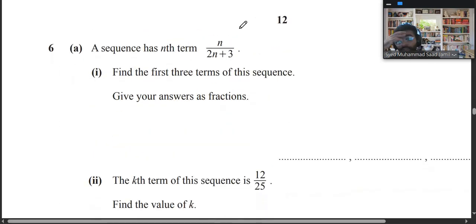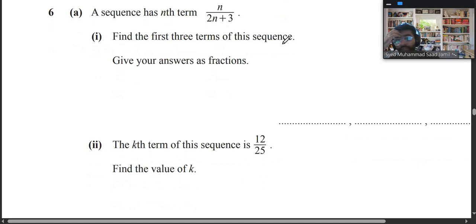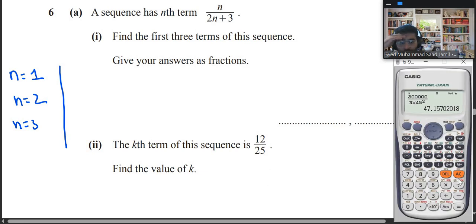Anyways, a sequence has the nth term. Find the first 3 terms. First 3 terms means what? Just plug in values. The first value of n is 1, second value of n is 2, third value of n is 3. So I'll just use the calculator now to do this. So 1 upon 2 multiplied by 1 plus 3.